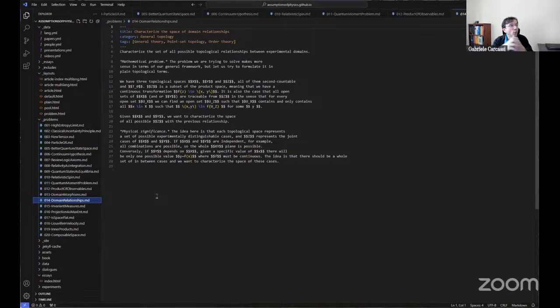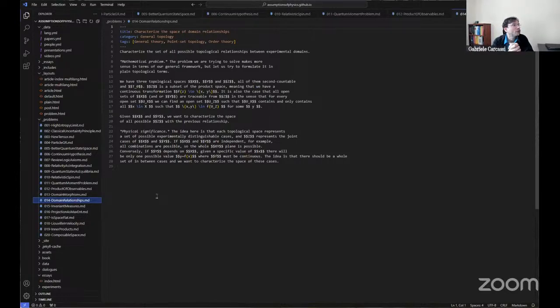And you want to know all possible ways that two things could have a joint relationship. They could be independent, they could be very dependent, and in which ways they can be dependent. This is a problem that I haven't solved. Maybe it's just trivial topologically to solve, but again, I haven't spent much time looking at it.